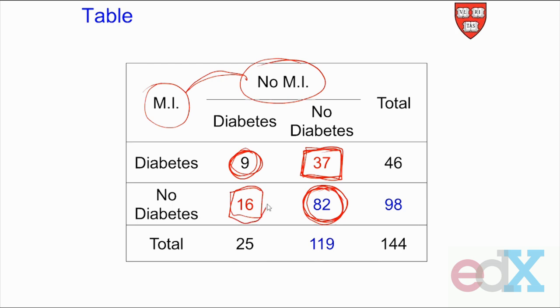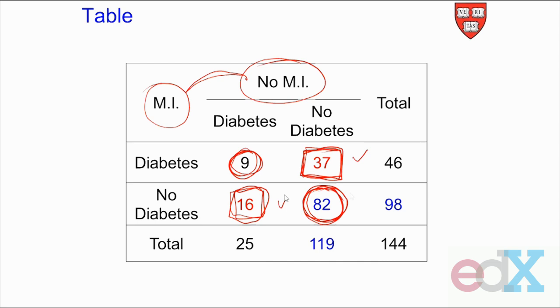And that's what the McNemar test does. It tests the hypothesis that you're just as likely to be up here as down there if you're going to be a discordant pair. So in other words, in very rough terms, is the difference between 16 and 37 attributable to pure chance, or is there something going on here?